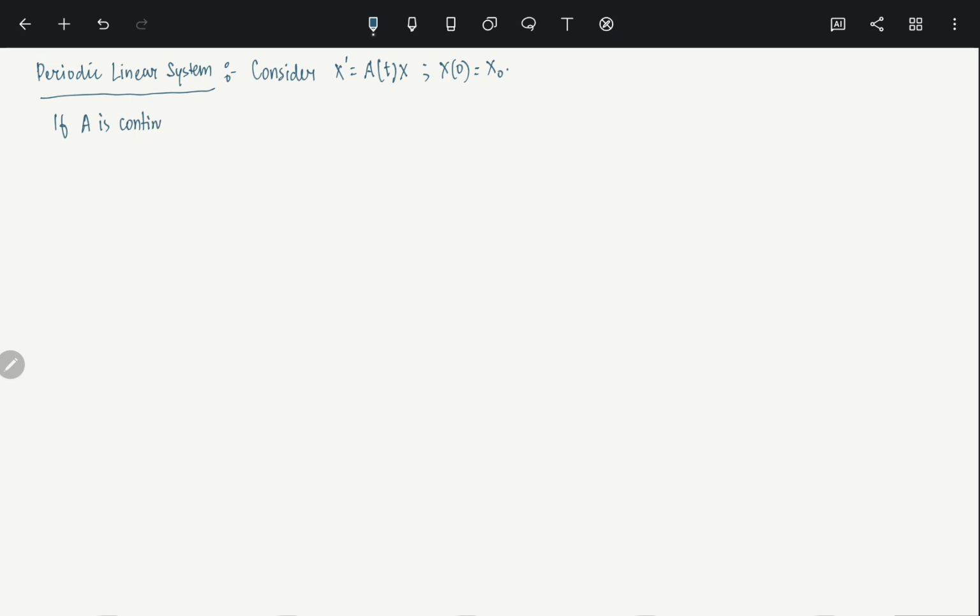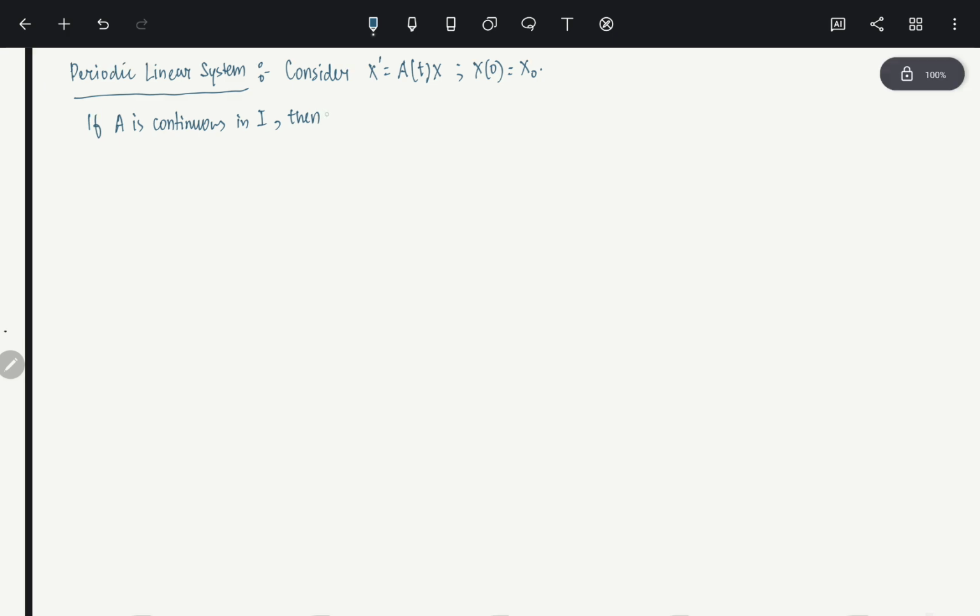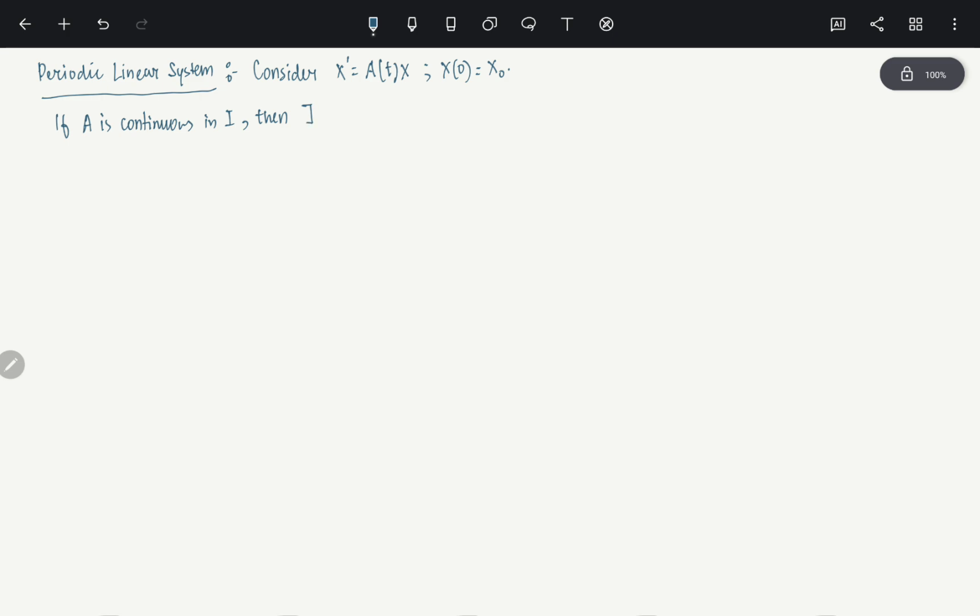It means that all entries of the matrix A are continuous in some interval I. Then you have the existence of a global solution, so there exists a solution x which satisfies the equation for all t in I. Let us call this problem P, for all t in I, which contains 0.